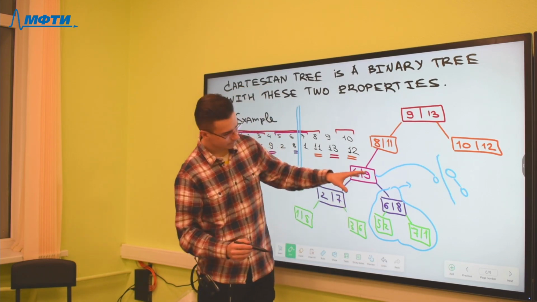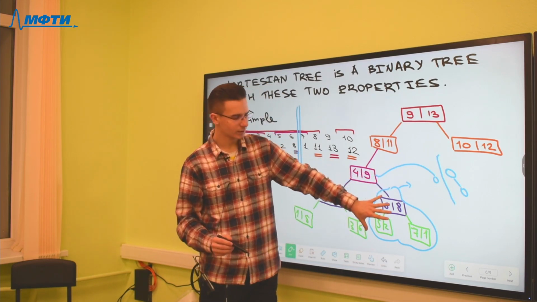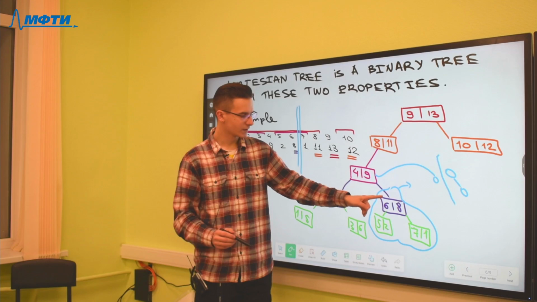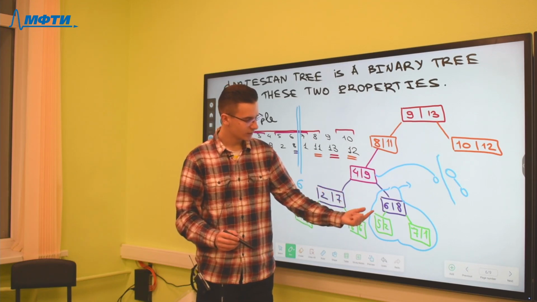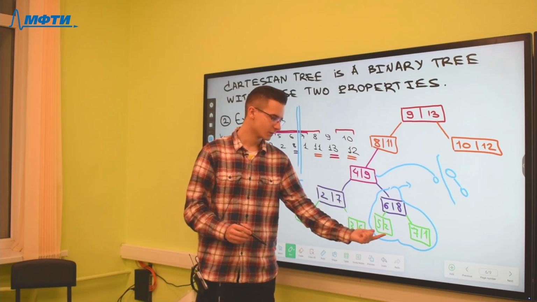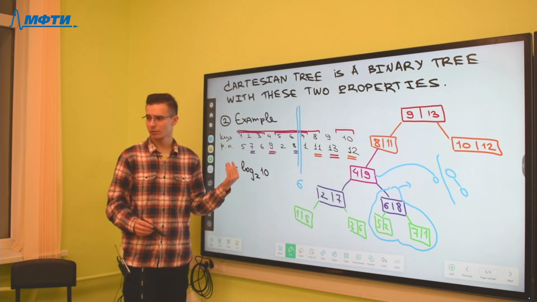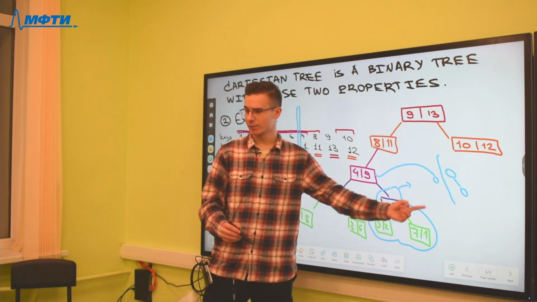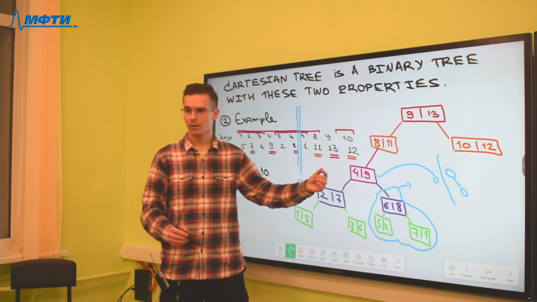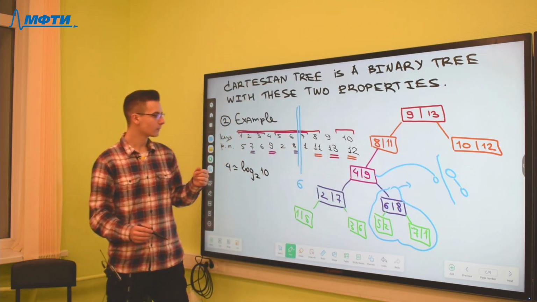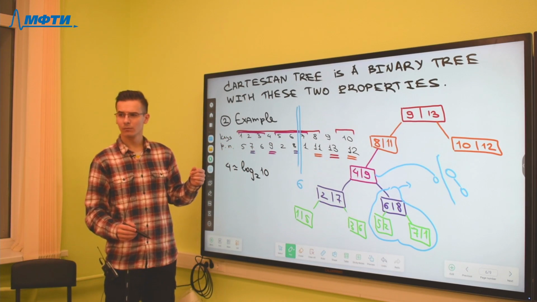We know if we have 3 nodes, if we find 6 here, it means that this node will be in the left part and these two in the right part. Yeah. 6 is included in the left?